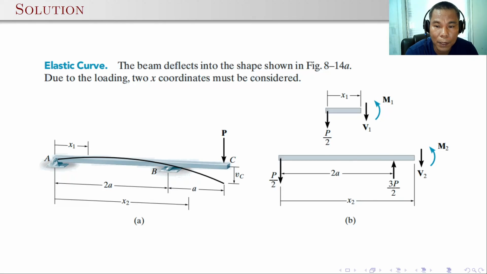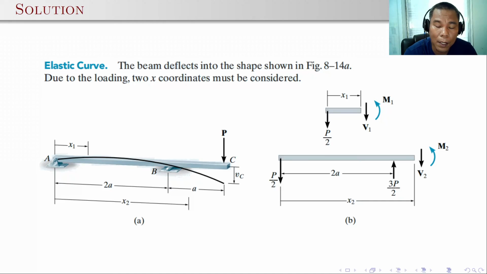For segment AB, we have the first diagram. The moment is equal to minus P over 2 times x1. That's the first segment.